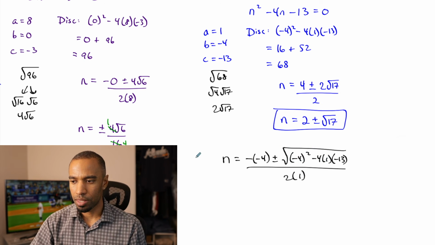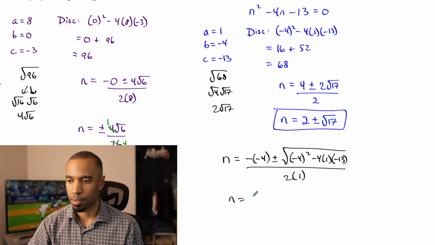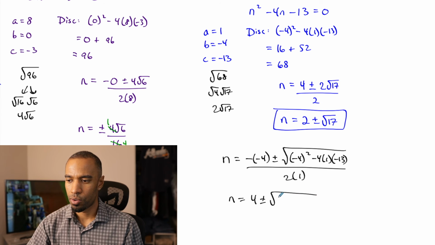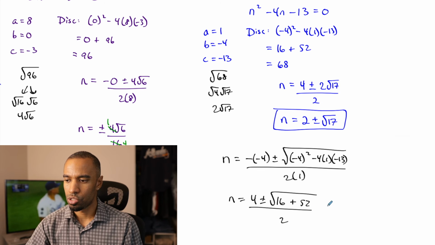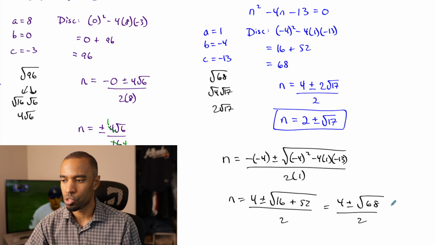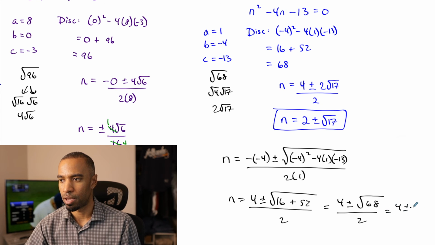And then you'd be computing this part, right? You'd go, n equals, opposite of negative 4 is positive 4, plus or minus the square root of 16 plus 52, all divided by 2. And that's 4 plus or minus the square root of 68, all divided by 2. And then you simplify that, and 4 plus or minus 2 root 17.